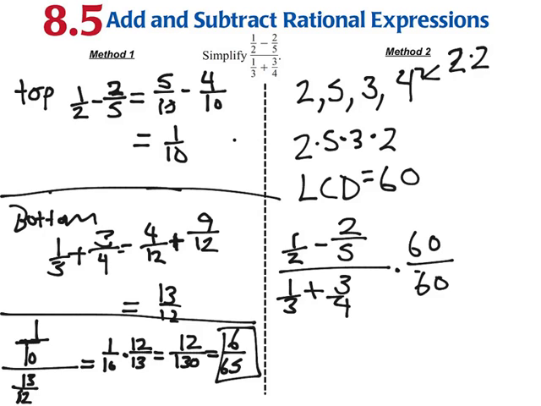And when you do this, well, 1/2 times 60 is 30, minus 2/5 times 60 is 24. 1/3 times 60 is 20, and 3/4 times 60 is 45. Simplify the top, you end up with 6. Simplify the bottom, you end up with 65, and that is simplified.